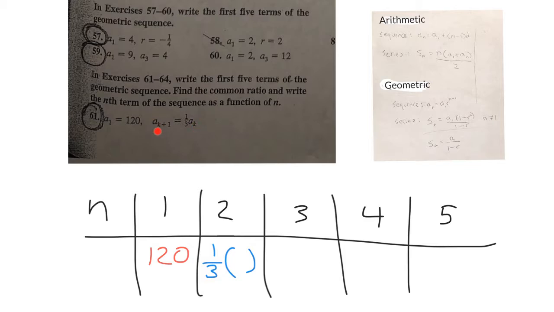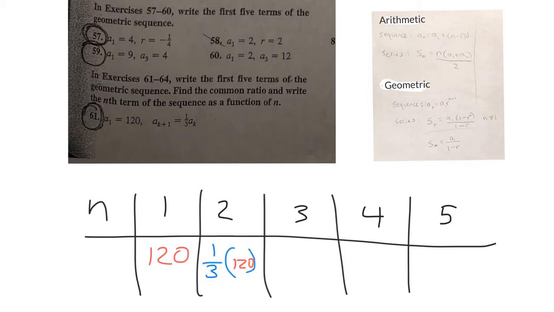So each number is 1/3 of what came before. That's another way of thinking about it. Each number is going to be 1/3 of what came before. So this number is going to be 1/3 of what came before. Well, what came before? 120. All right? In my opinion, that's probably the best way of thinking about it. Each number is 1/3 of what came before.